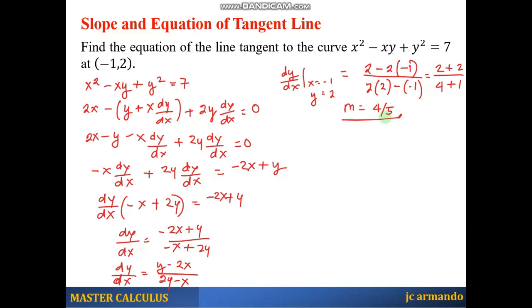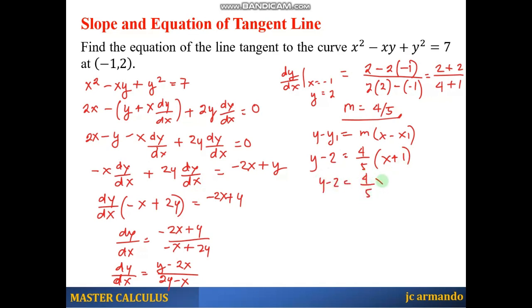Check ulit natin. So, 2 plus 2, 4. Then, 4 minus 4 plus 1, 5. Correct. So, ang equation natin, y minus y1 equals m times x minus x1. So, anong y coordinate natin? That is 2. M is 4/5. Then, x, negative 1, so plus 1. So, y minus 2 equals 4/5 times x plus 1.